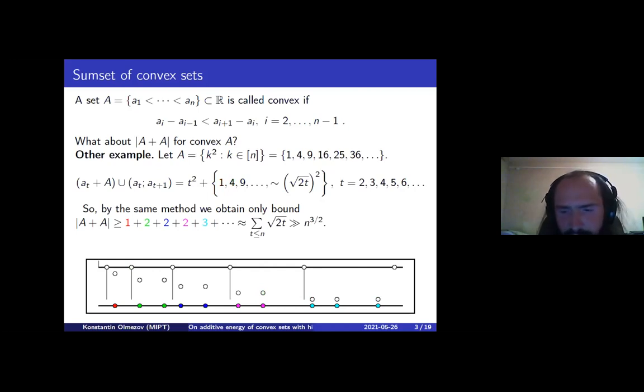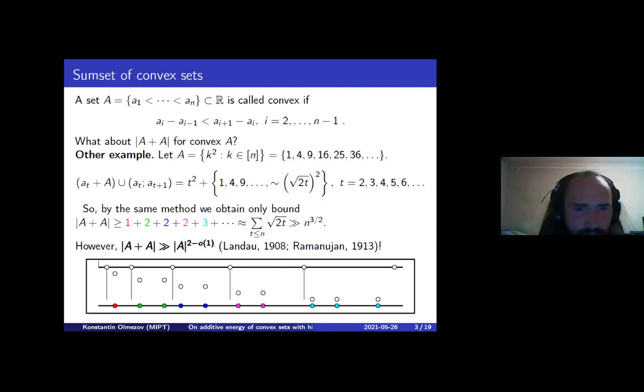And it is not really the true bound, because famous number theoretical results tell us that a much stronger bound is true for this set.